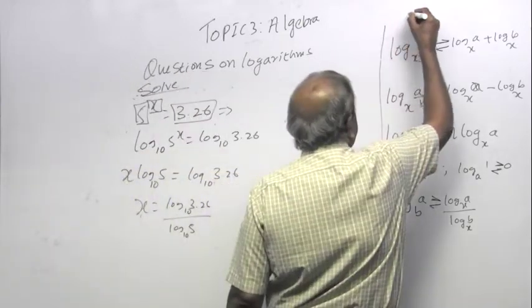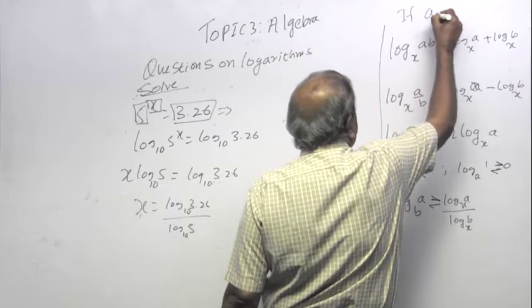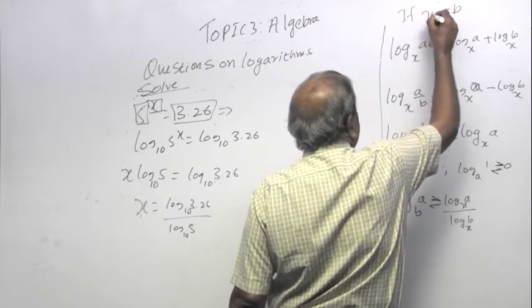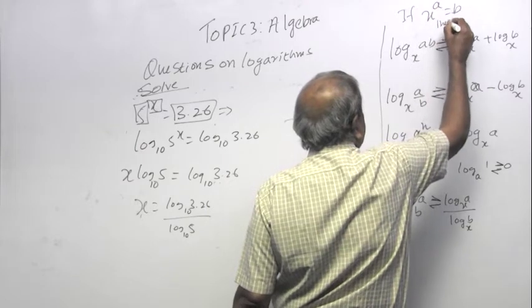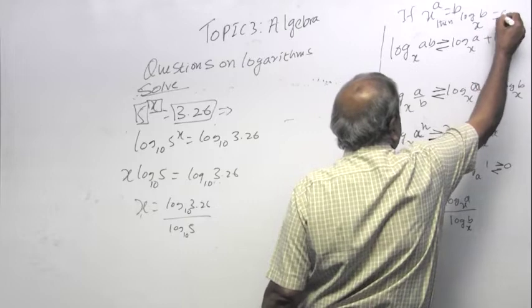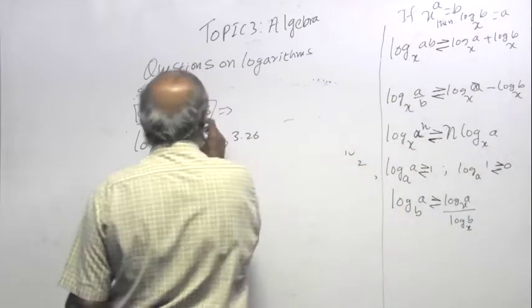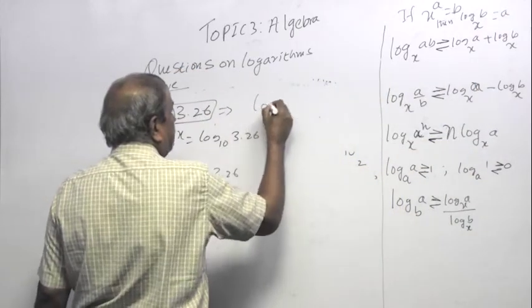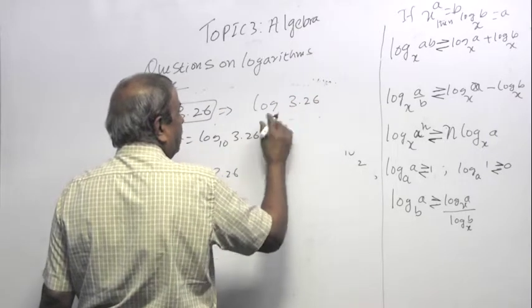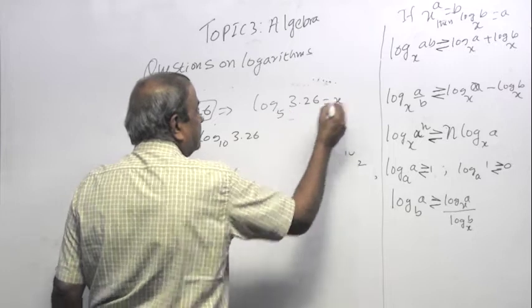Let me write here. If a power x equal to b, no, x power a equal to b, then logarithm of b to base x equals a. 5 power x equal to 3.26. So logarithm of 3.26 to base 5 equals x.